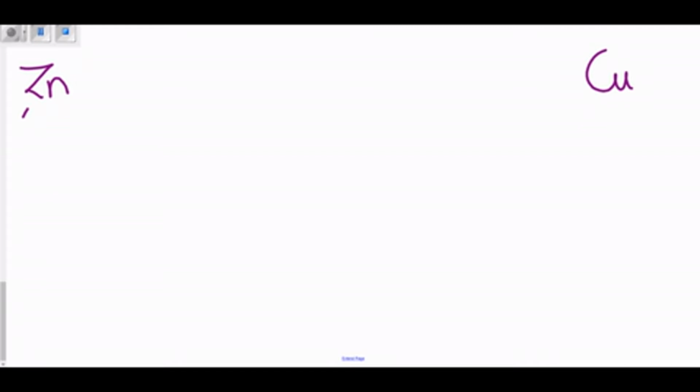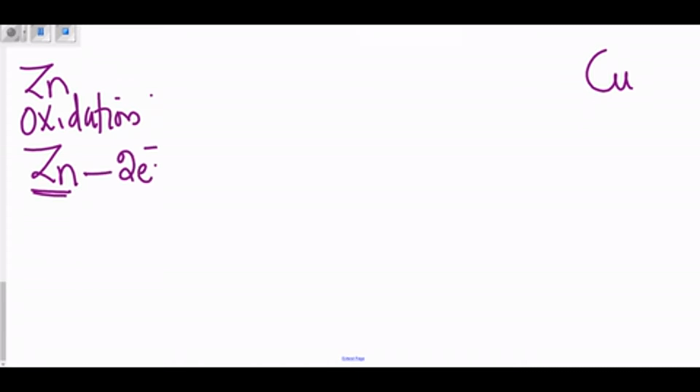Here we say we have oxidation. What has been oxidized? Now, zinc is actually being oxidized because zinc is a solid metal which needs to lose electrons. So zinc is being oxidized by losing electrons and becoming what?